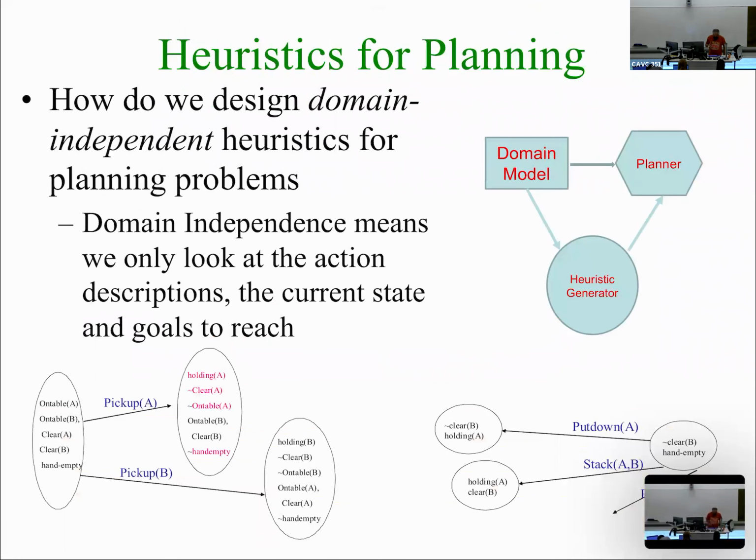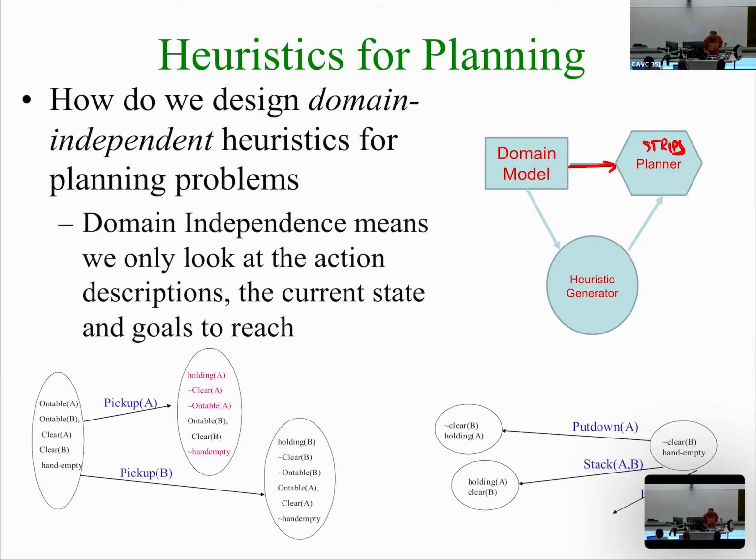So that's the thing you have to keep in the back of your mind as to where the complexity comes from. So, heuristics for planning, this is a view that I would like to think about. There is a domain model, and it's fed into the planner, your STRIPS planner. It could solve the problem using progression search, regression search, plan space search, or a combination thereof.